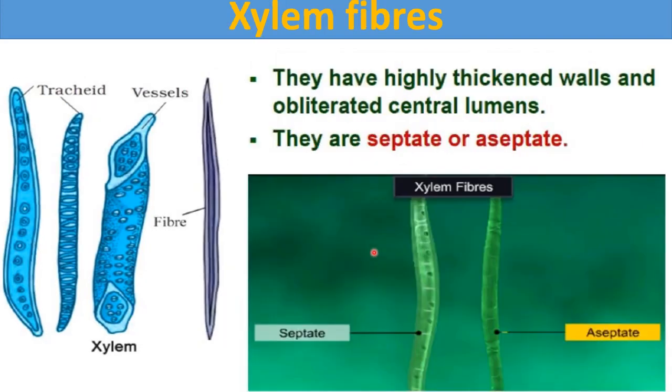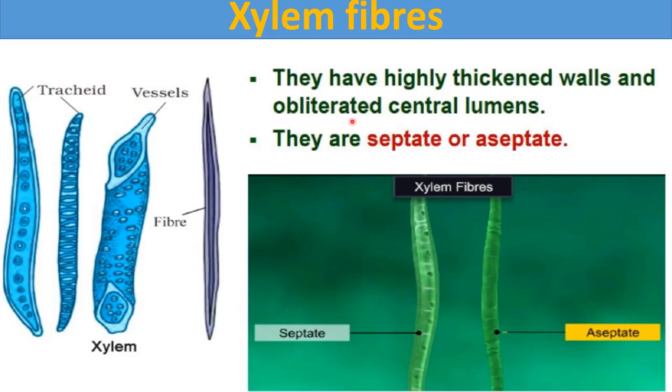The next element of xylem is xylem fibers, and xylem fibers have highly thickened walls and obliterated central lumens. Obliterated central lumen means their lumen is very small in size.